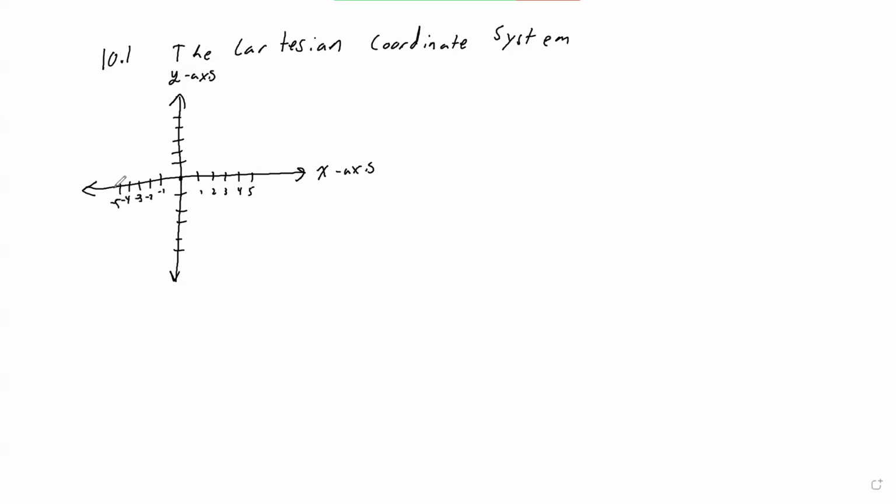So left is negative, right is positive, just like a normal number line. The addition on the y-axis is if you go up, you're going to go to +1, 2, 3, 4, 5. And if you go down, you're going to have -1, -2, -3, -4, -5.